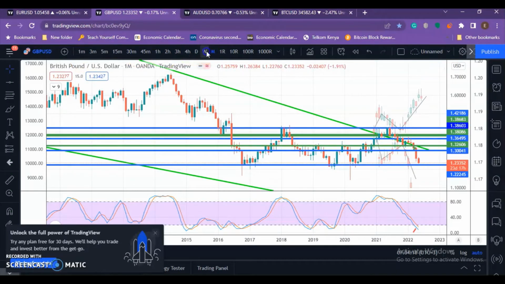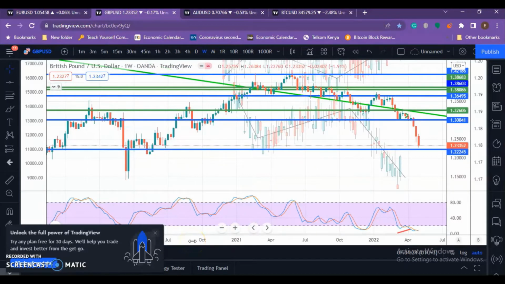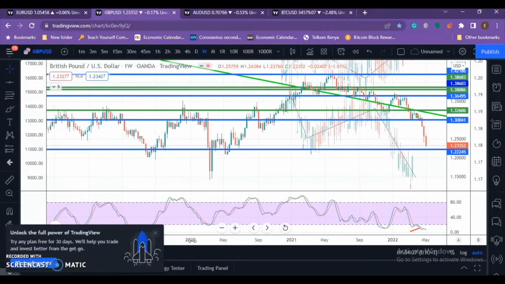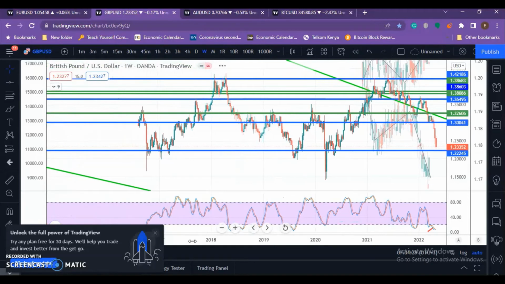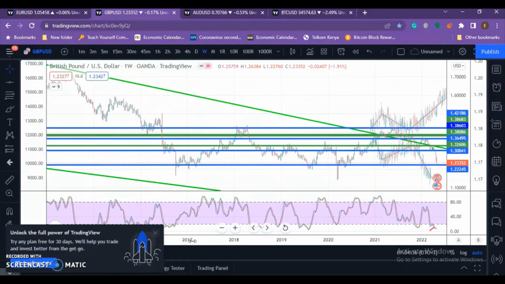Let's look at the weekly time frame. On the weekly time frame, it took the supports, that zone right over here, which is 1.22245. So guys, just watch on it.